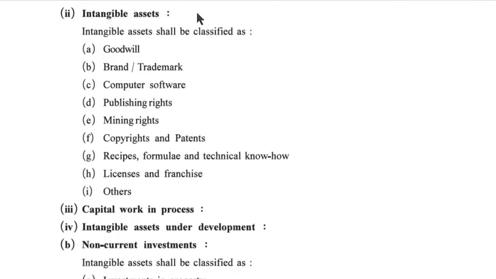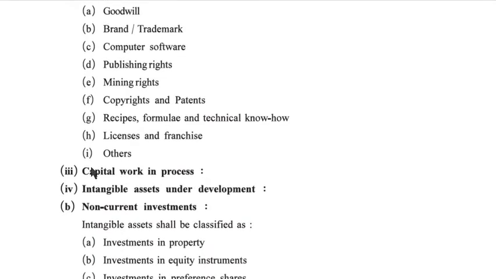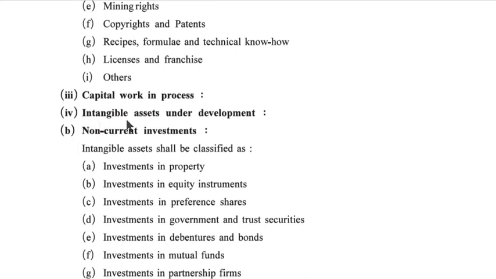Now, intangible assets. Intangible assets shall be classified as goodwill, brands, trademarks, computer software, publishing rights, mining rights, copyrights and patents, recipes, formulae and technical know-how, licenses and franchises, others. Capital work in progress. Intangible assets under development.